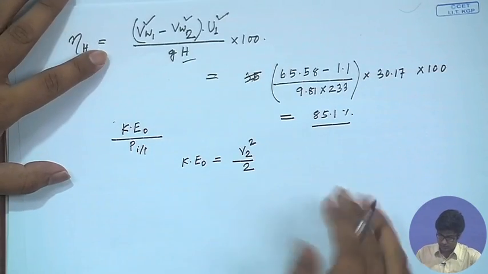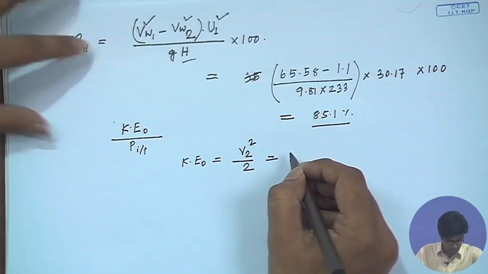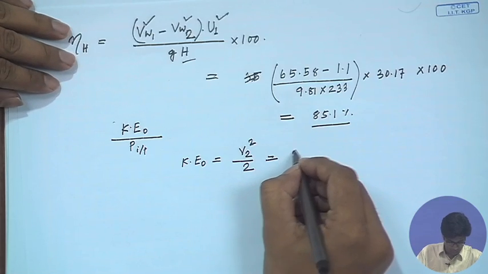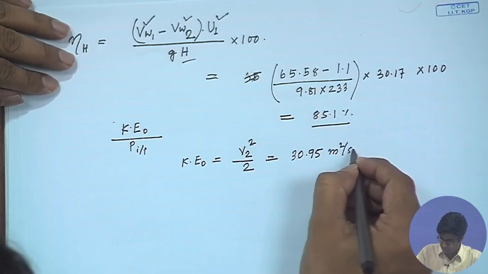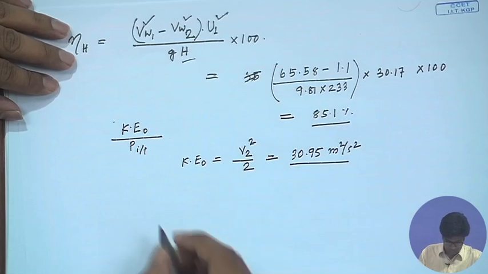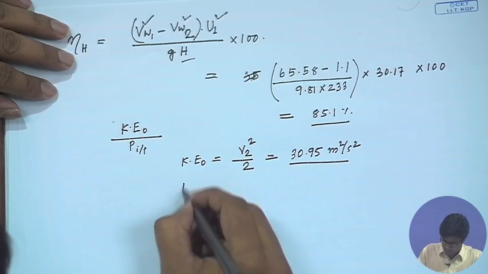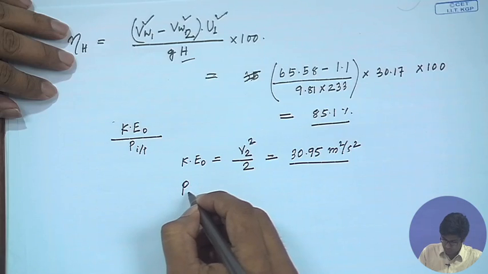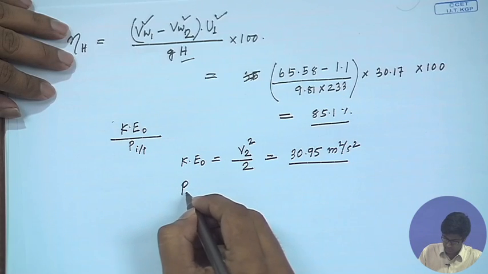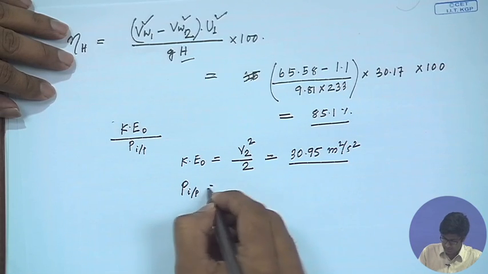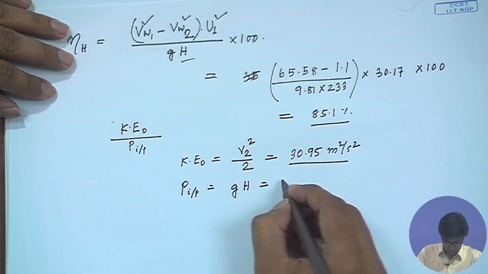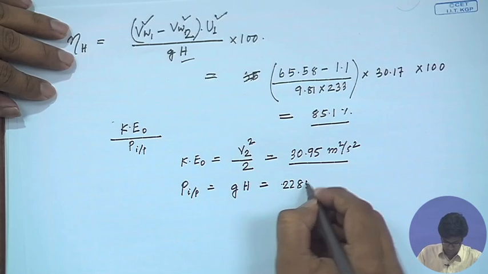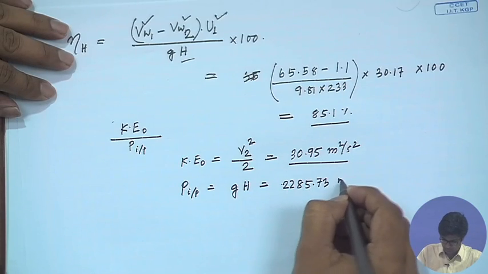So, substituting the value of V2 square here, we get the value of kinetic energy at output as 30.95 meter square per second square, and the power input at the inlet per unit mass is given as g into the net head available, which is 2285.73 meter square per second square.